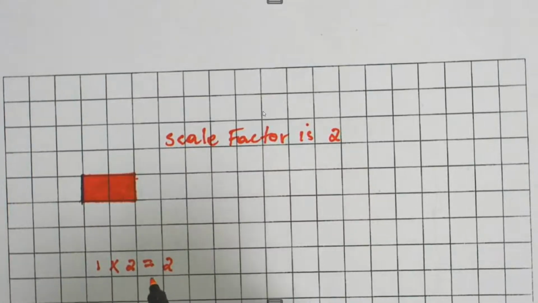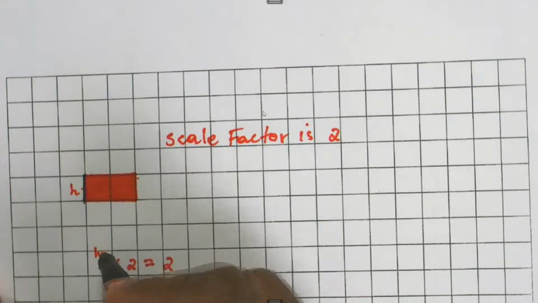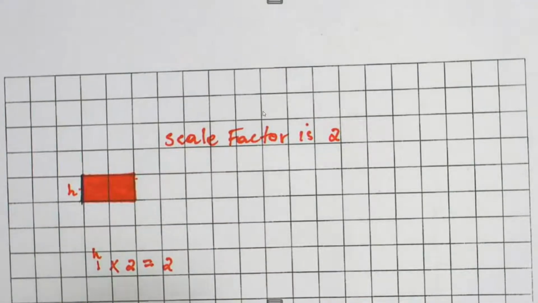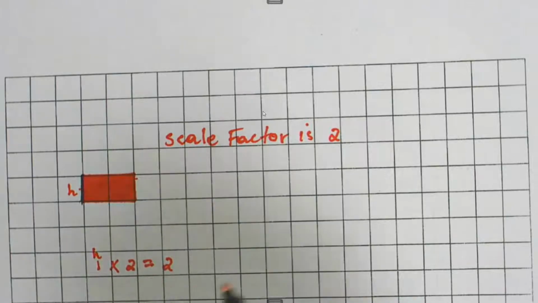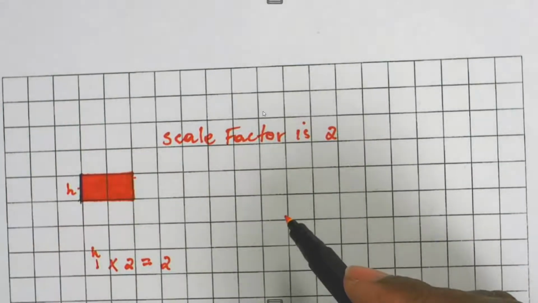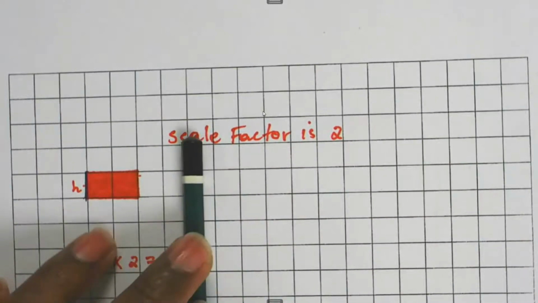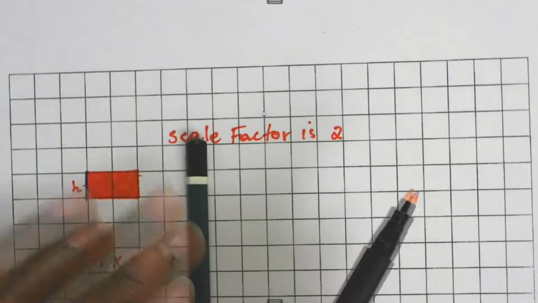So our image will be 2 blocks high. Remember, we took the height. So here H is representing that I'm taking the height first. Therefore, the image will be 2 blocks high.